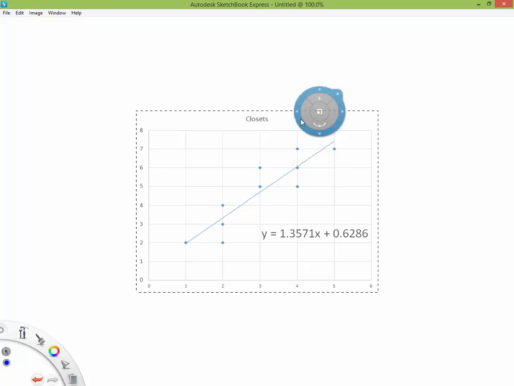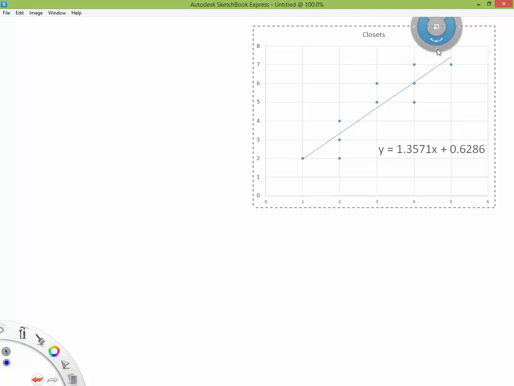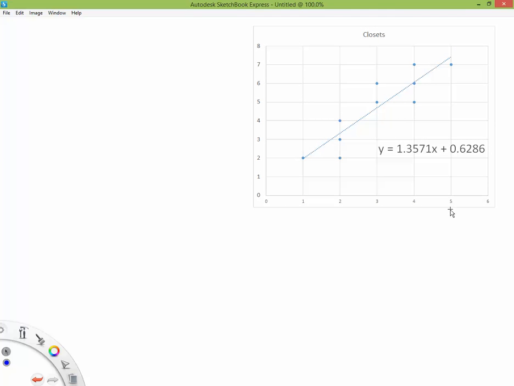Here's a place with 3 bedrooms and 5 closets. On the vertical axis we have closets, and this is the number of bedrooms.